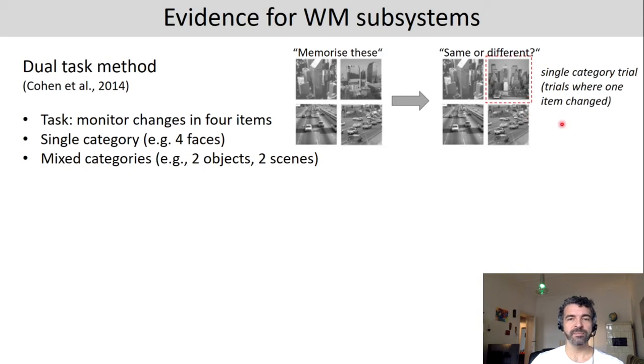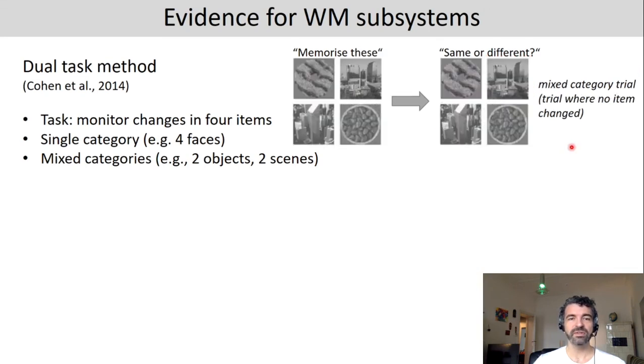And yeah, so in order to do this task, you have to keep these items in memory. There were two conditions. So this is the single category condition, because all the 4 items were from the same category, namely city scenes. Here you can see a trial in which there were mixed categories, namely food and city scenes. And also you can see that in this trial there was no change.